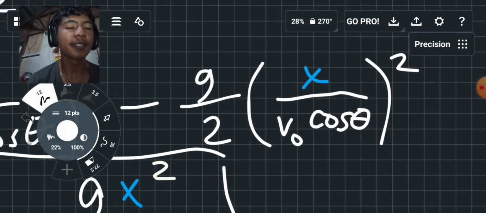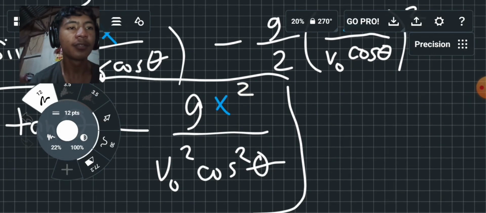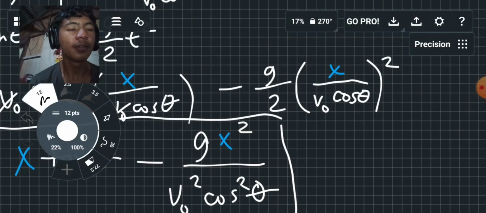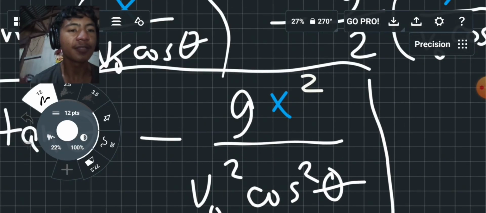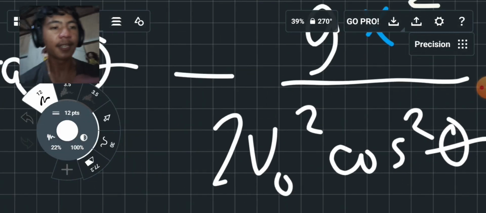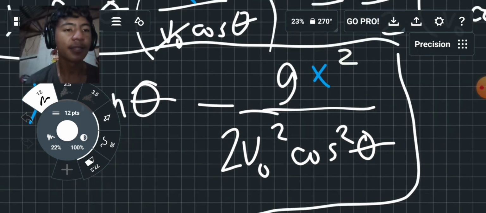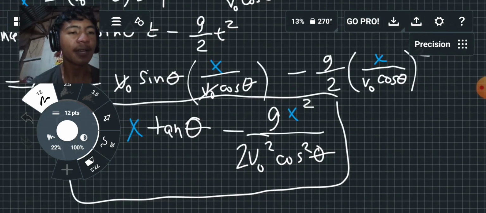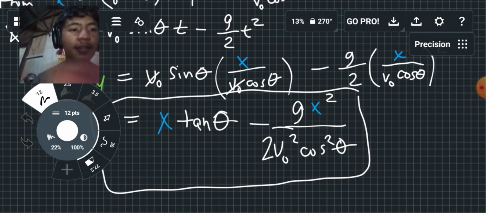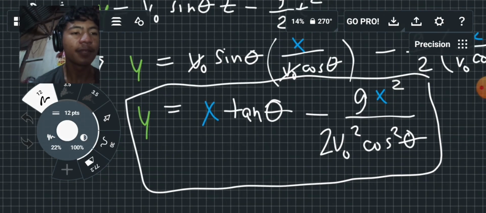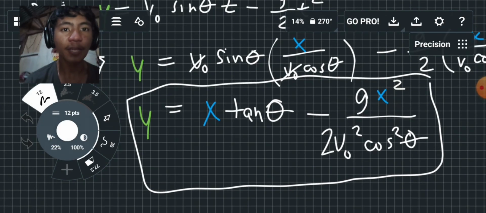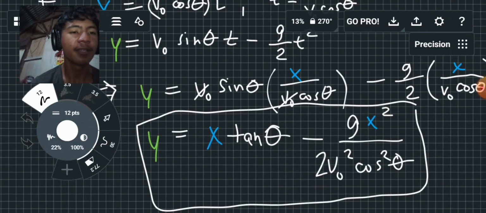You get g x squared over 2. Oh, there should be a 2 here. I am sorry. Okay, so we now have our equation of trajectory.